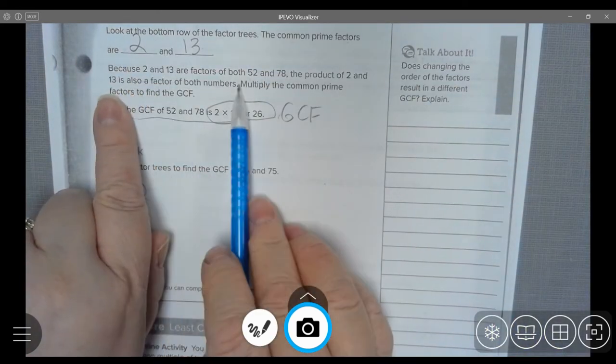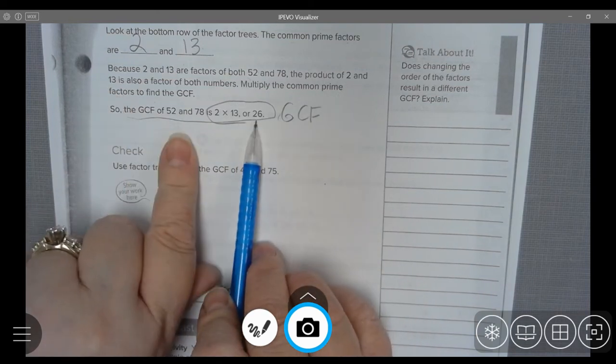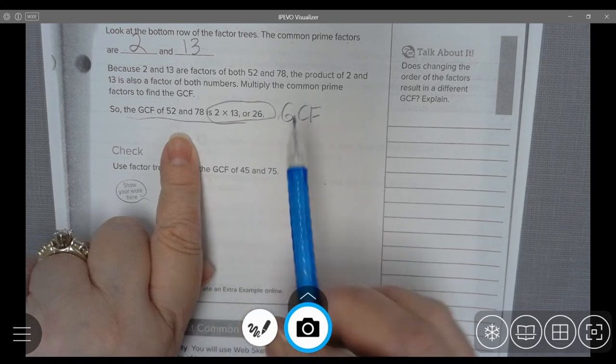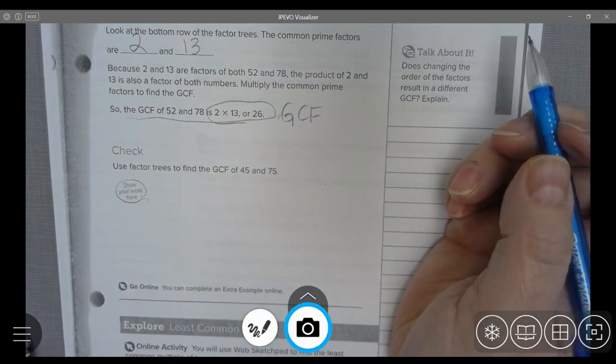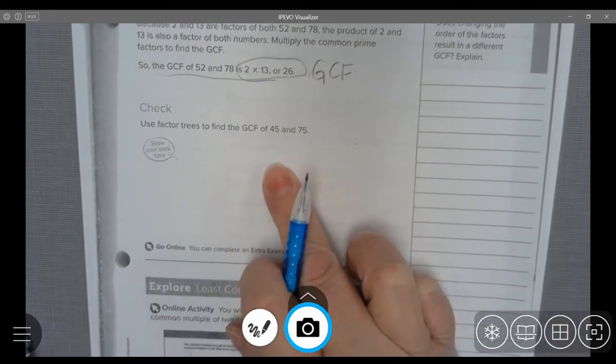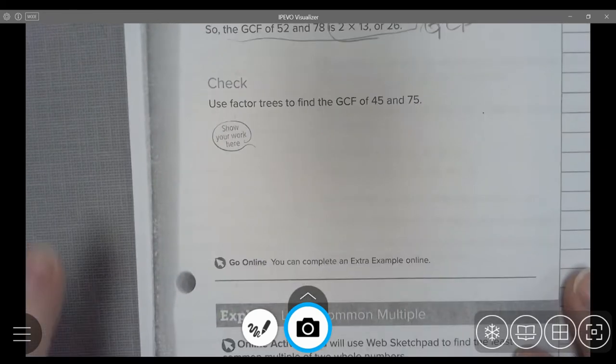So multiplying 2 and 13, we would come up with 26, and that would be the greatest common factor of 52 and 78. Let's go ahead and do factor trees for 45 and 75.